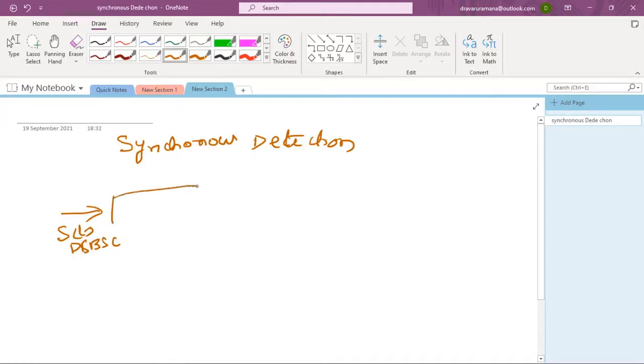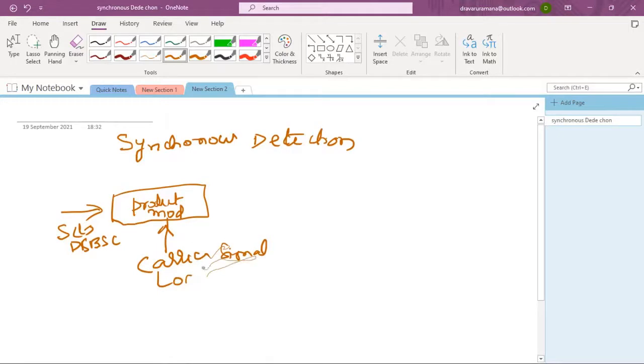It is applied to the product modulator, where we are applying a local carrier. So we generate the carrier signal. This is called a local oscillator. So local oscillator generates the carrier. It is called synchronous detection. The other name for synchronous detection is coherent detection. Here we generate the same carrier as that of the carrier used at the transmitting side.